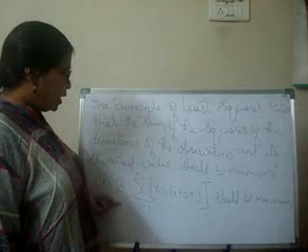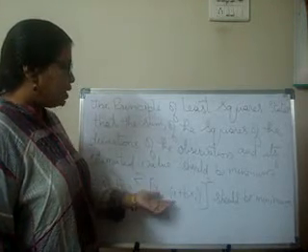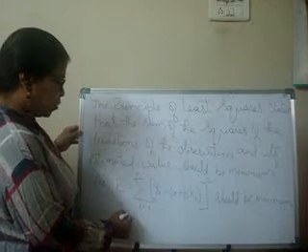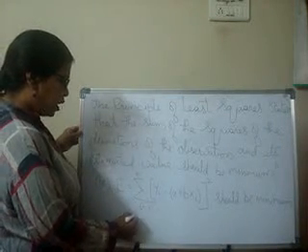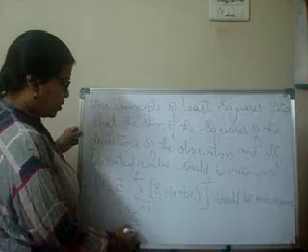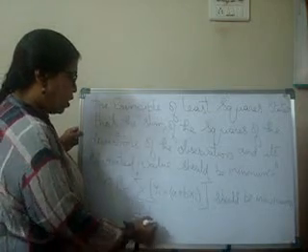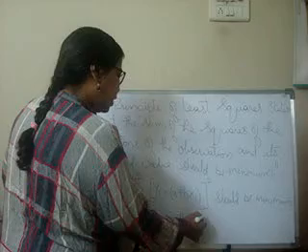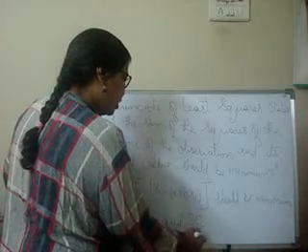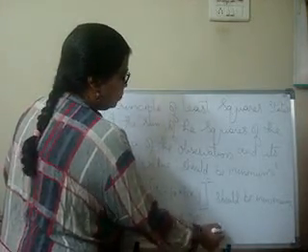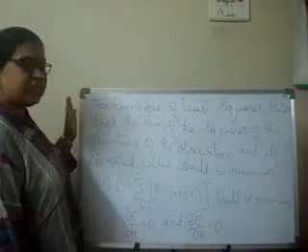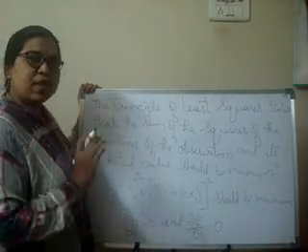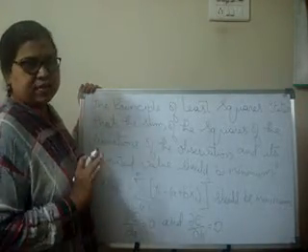If we add up all the errors and square them, it should be minimum. When will it be minimum? When dou E by dou A is equal to 0 and dou E by dou B is equal to 0. So, this is the principle of least squares given by the great Lagrange.